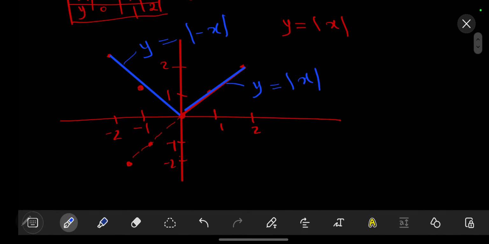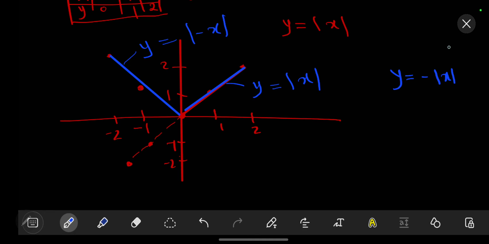For the same graph, let's say I am told to graph y is equal to the negative of the modulus of x. If the negative is outside, this in turn will reflect each point. Whatever is positive on this side will reflect to the negative.